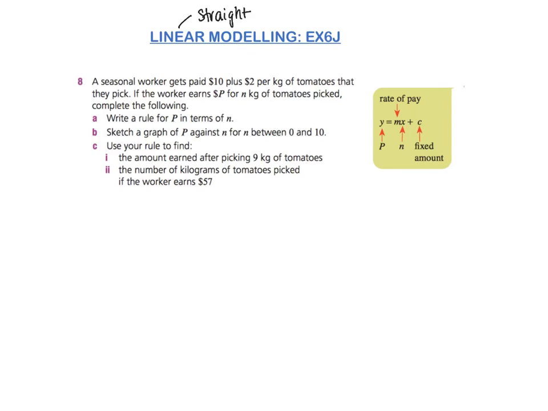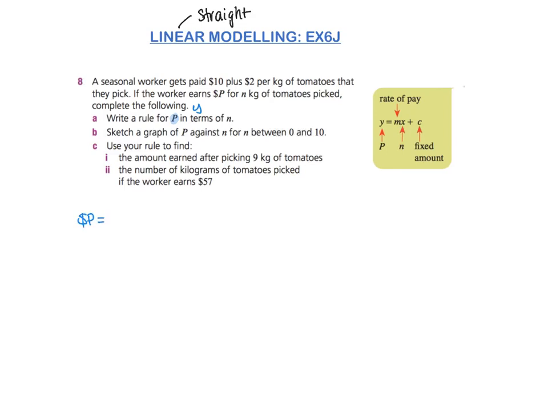A seasonal worker gets paid $10 plus $2 per kilogram of tomatoes that they pick. If the worker earns P dollars for N kilograms of tomatoes picked, complete the following. It says write a rule for P in terms of N. So this P is going to become like the Y, because we want to make a formula that says the price equals.